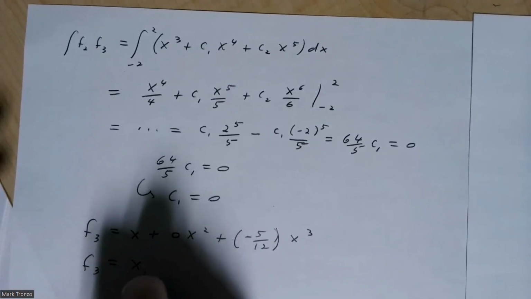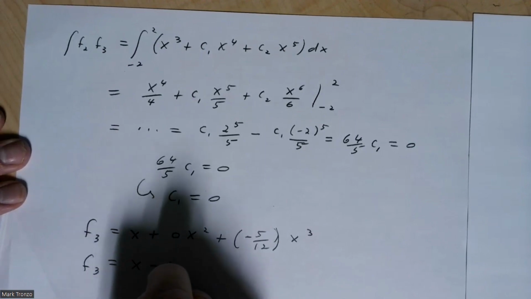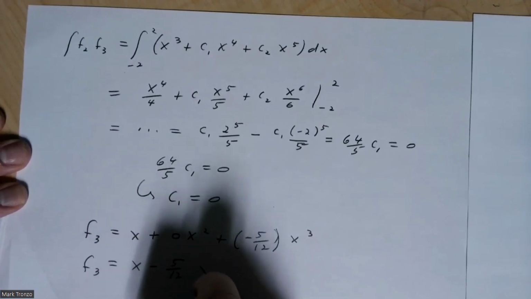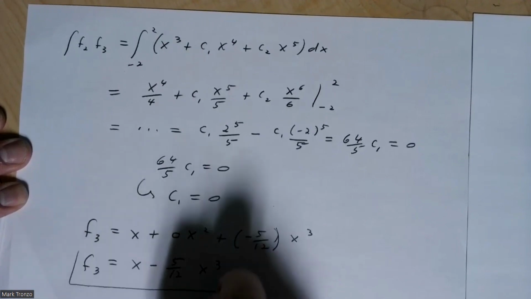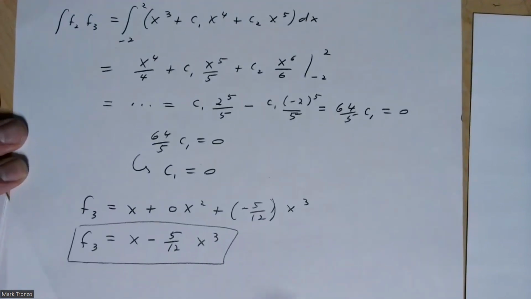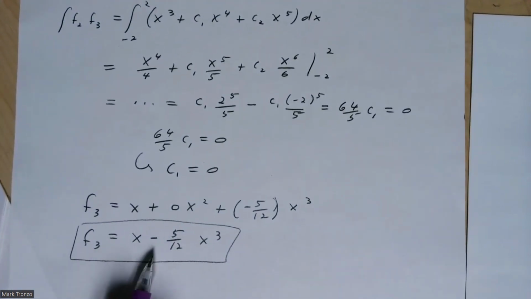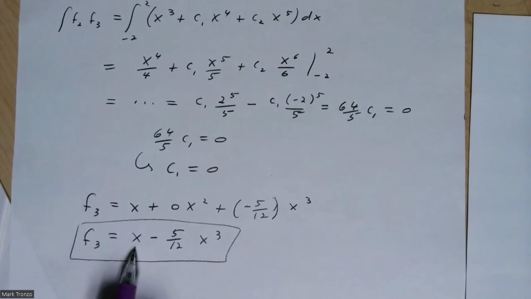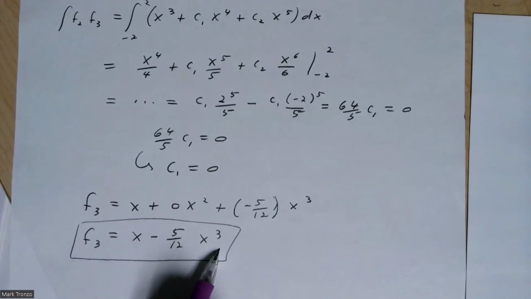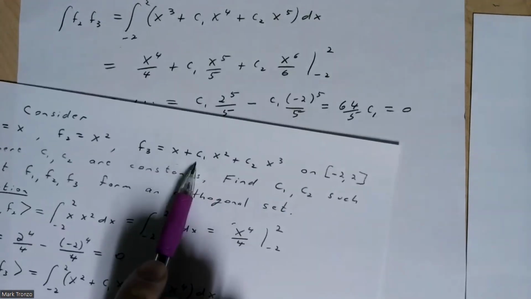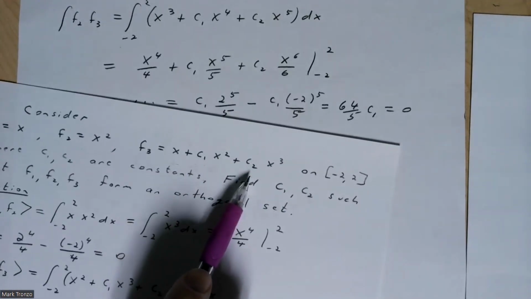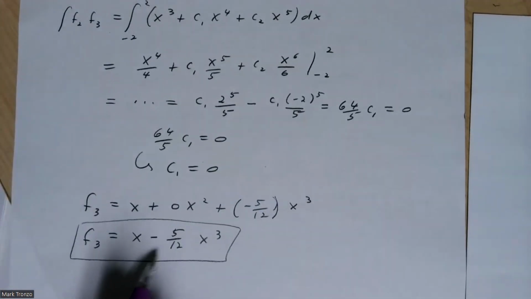And that's going to end up being, I guess, just that. So F3, if we make it x minus 5/12 x cubed, in other words, we just made this 0 and this negative 5/12, we end up with this.